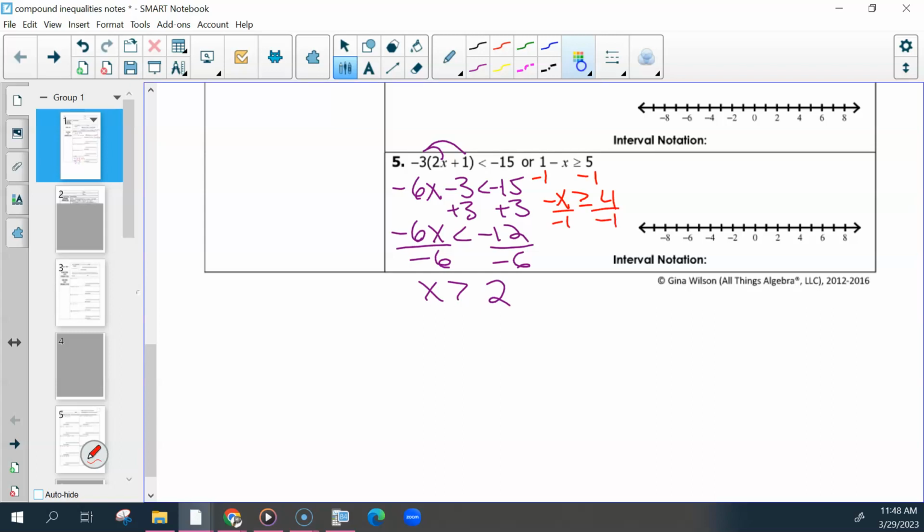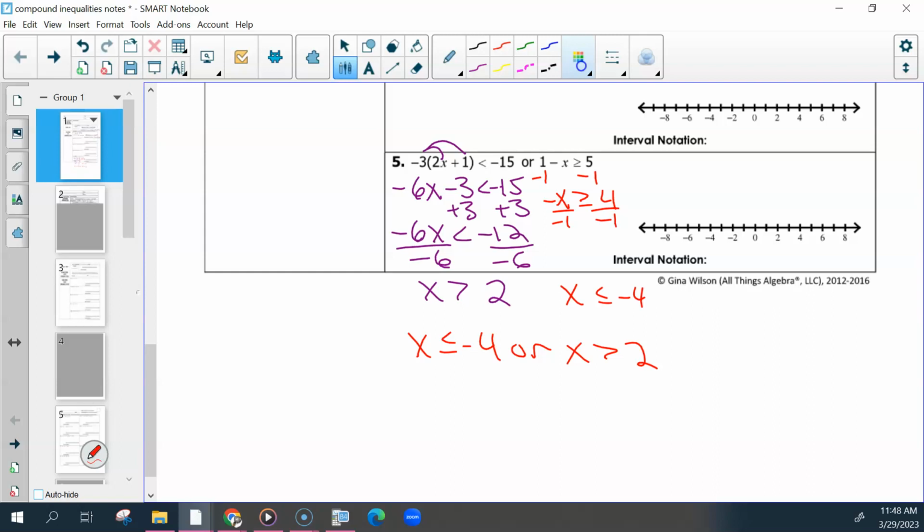Sign changes again. And then I'm going to rewrite this so that it's least to greatest. So it's going to be in the order that I graph it and write the interval notation. That way it's less confusing.